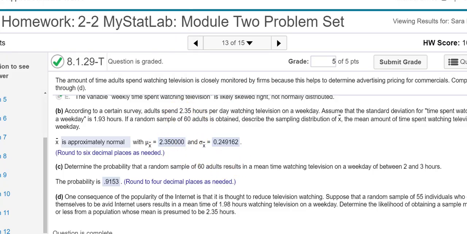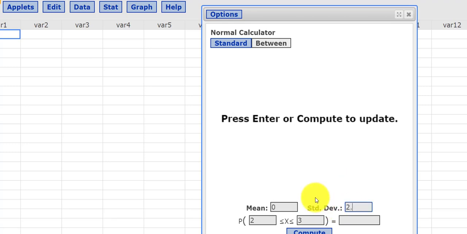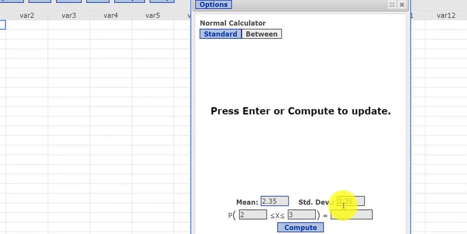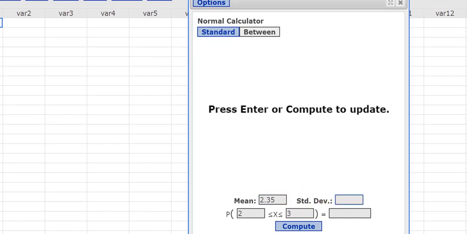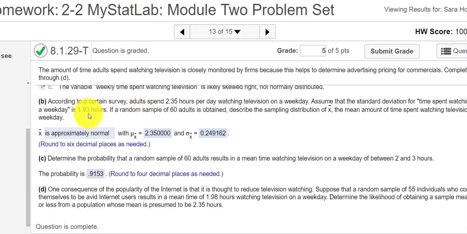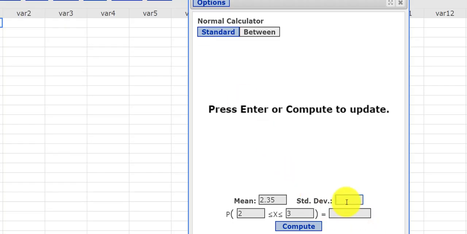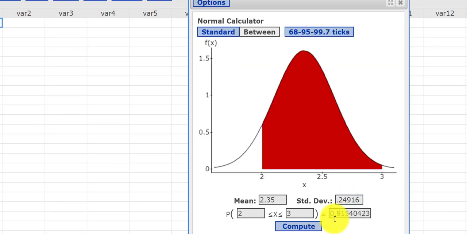We were given that, and oops, I put 2.35 in the wrong spot. There it goes. And then the standard deviation was that standard deviation that we were given divided by the square root of n, in this case, the square root of 60. And that gave us this new standard error of 0.24916. And then when we press compute, that was our answer.